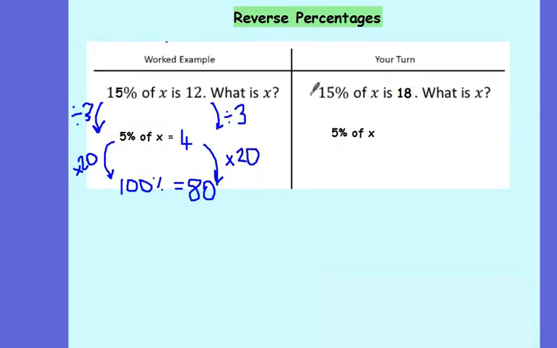If 15% of x is 18, to work out 5%, we just divide by 3, which tells us that 5% of x is 6. We can then find 100% of x by multiplying by 20, which tells us that x is equal to what? James Gooden, help me out. 120, lovely.